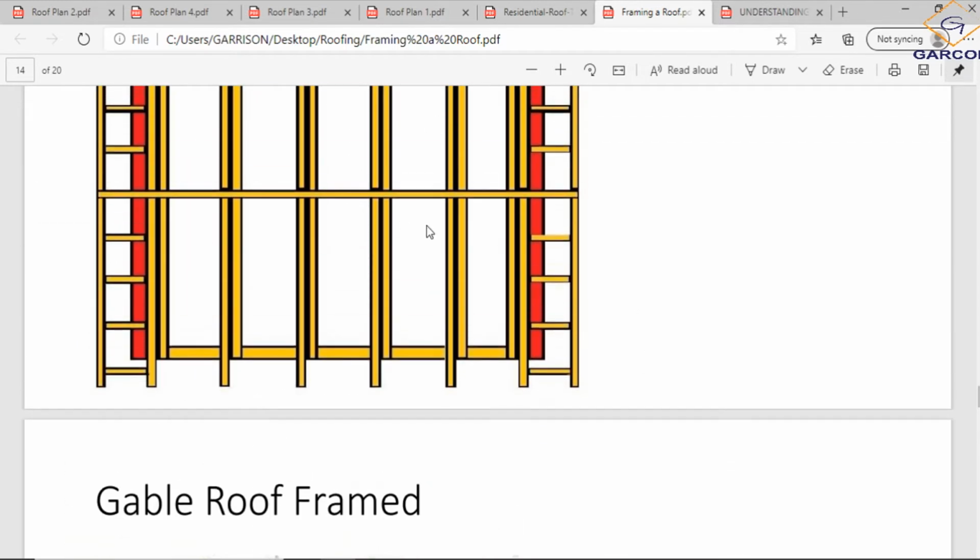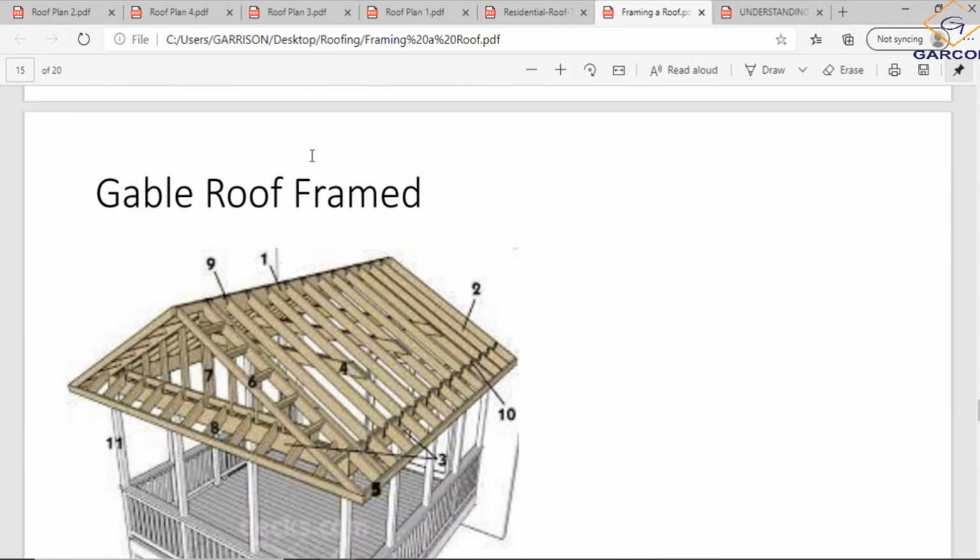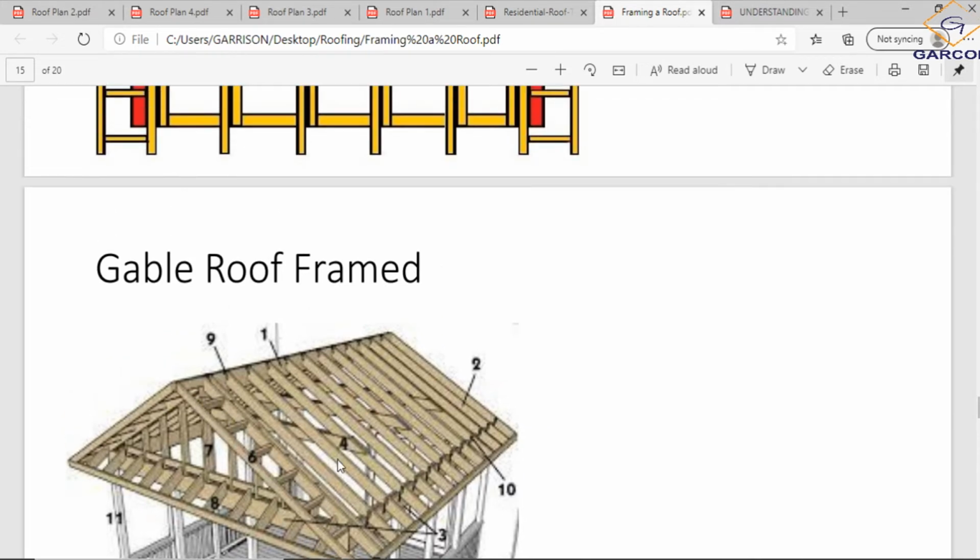Like this same roof here, as you would see it in person, looking down from above, this is what you will see. Your barge board there, with your struts, your fascia board here, your common rafters, your ridge board.